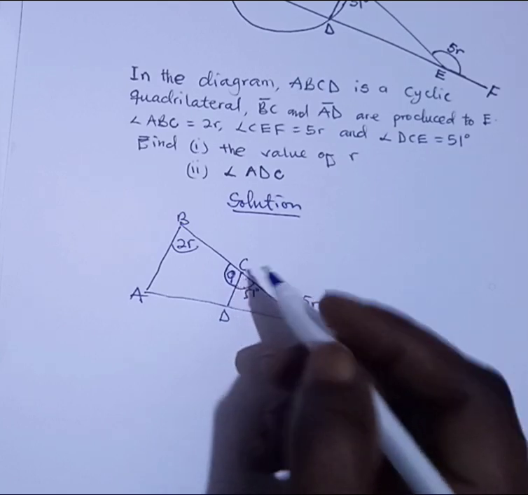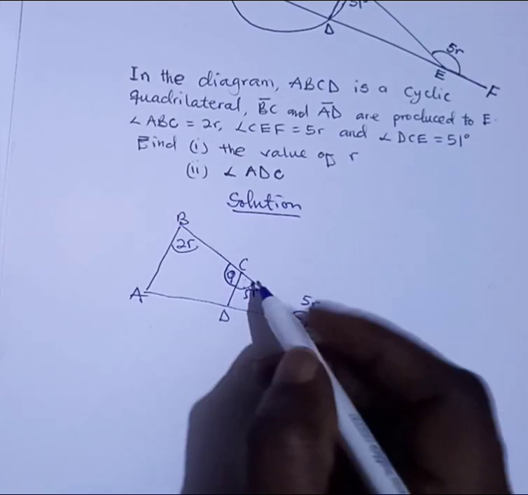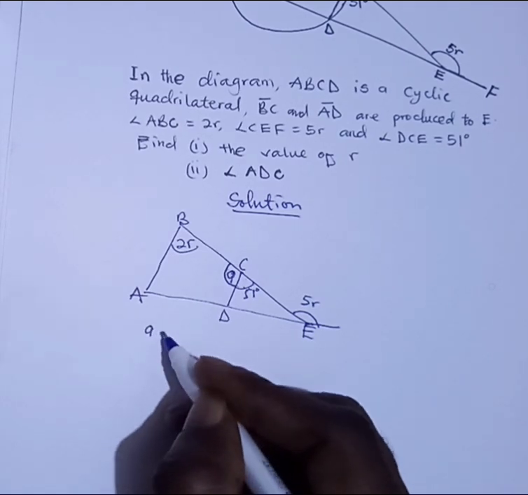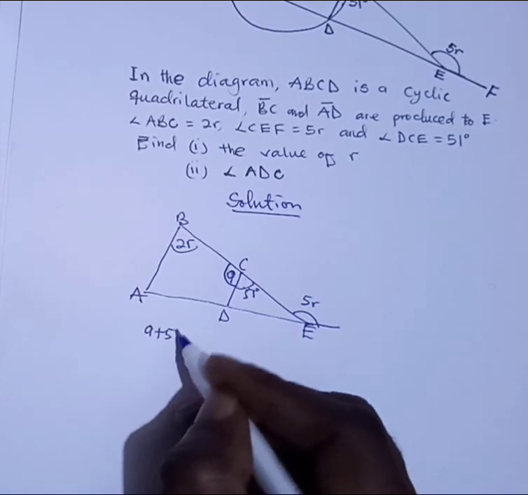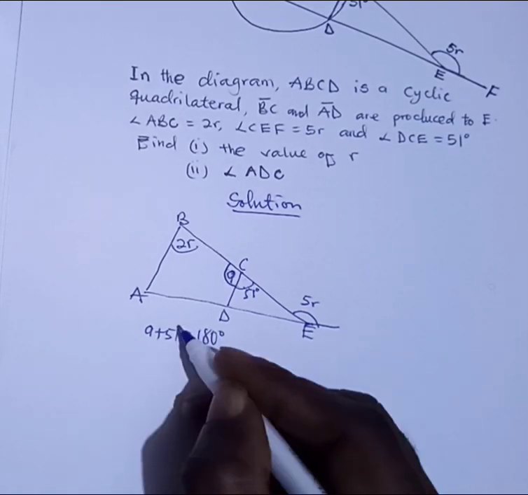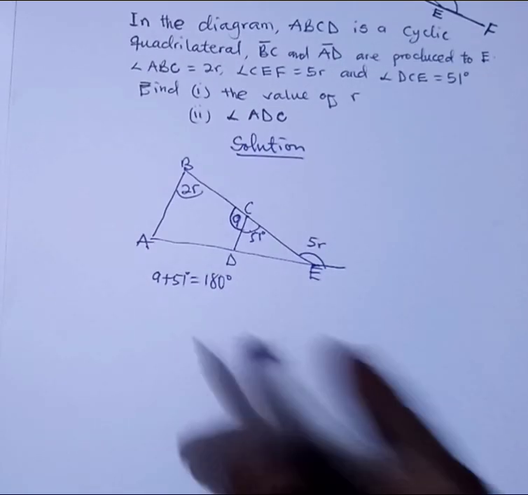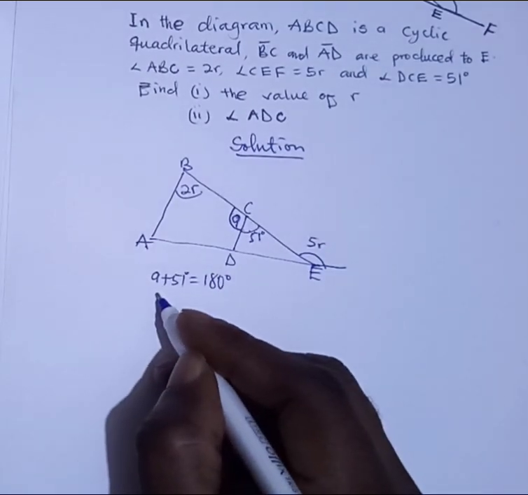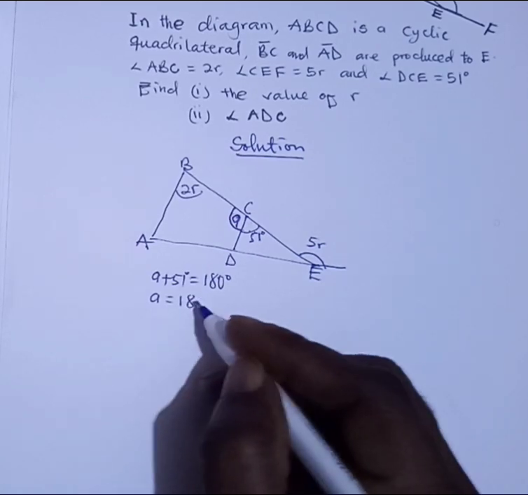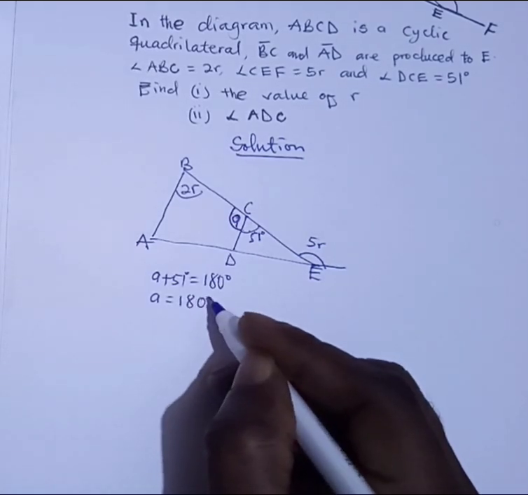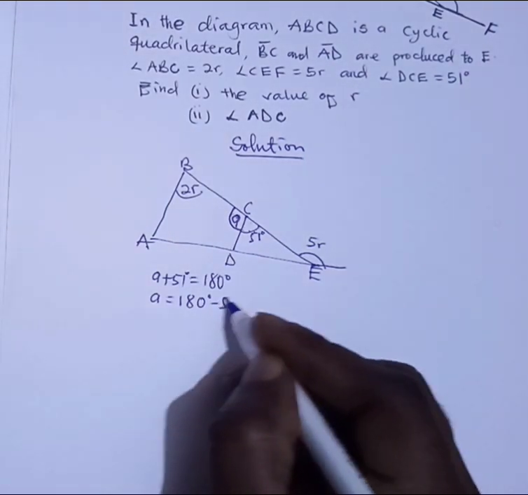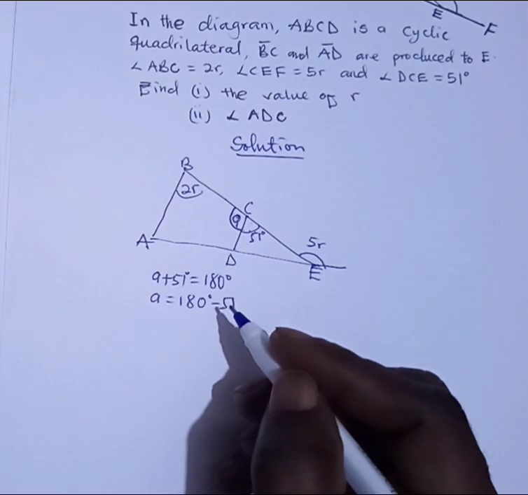How do I get a? The sum of angles on a straight line gives us 180. So a plus 51 is equal to 180 degrees. So a is equal to 180 degrees minus 51.